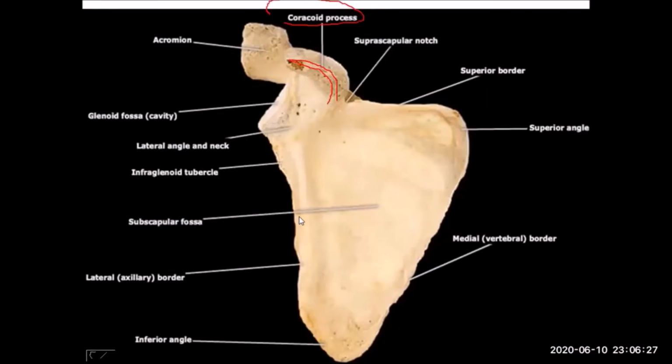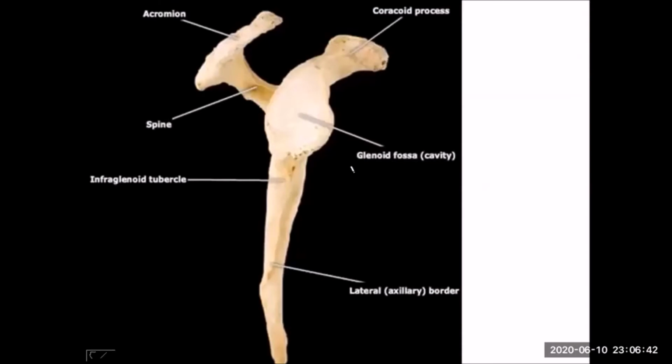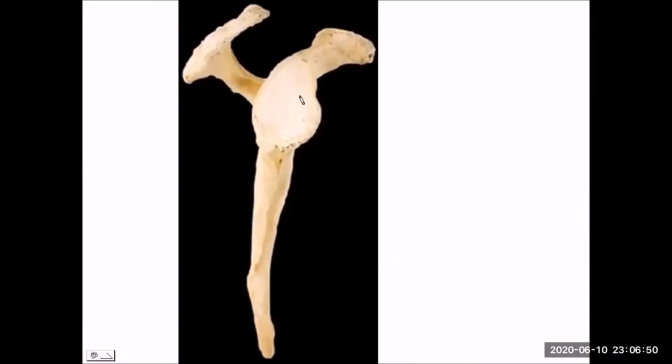So that's all of this depression here, the subscapular fossa. The glenoid cavity or fossa is on the lateral side. It's the socket for the humerus. And we'll turn to the lateral view to see that here. And we have that for details of the scapula.